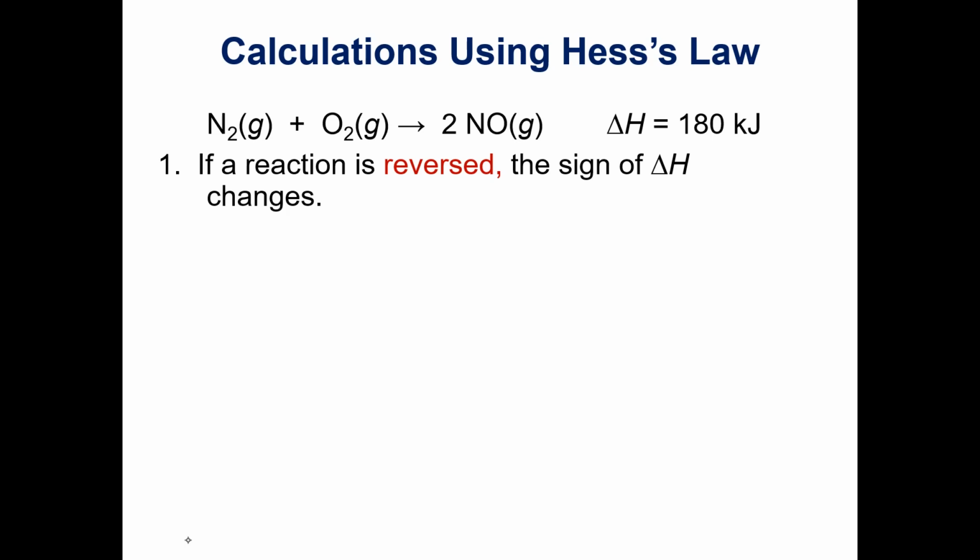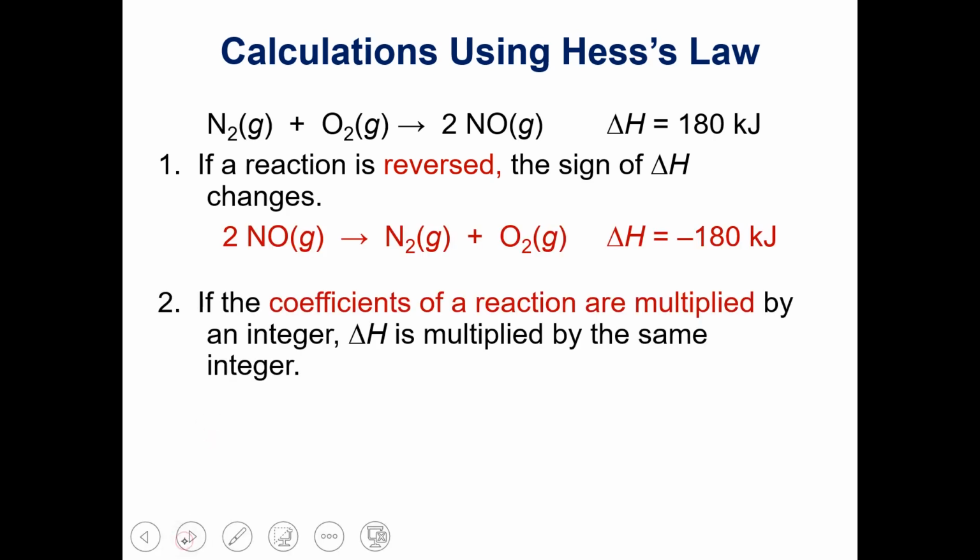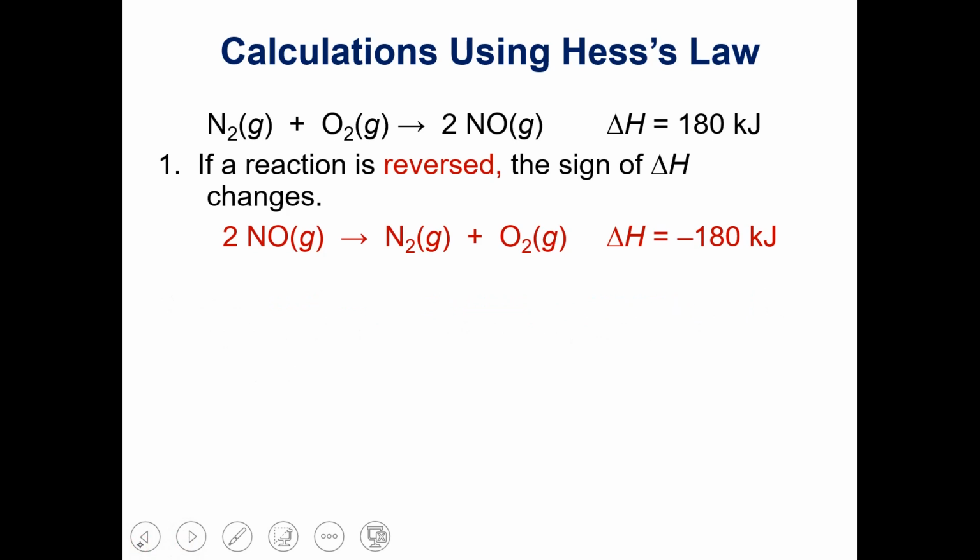Well, we can flip our reaction, but if we reverse the reaction, we also have to reverse the sign of delta H. So if we flip this reaction so that the products become the reactants and the reactants become the products, all we do is flip the sign of delta H.